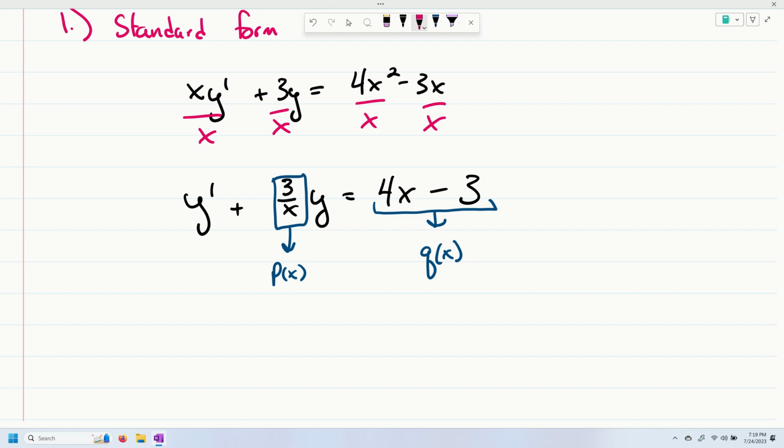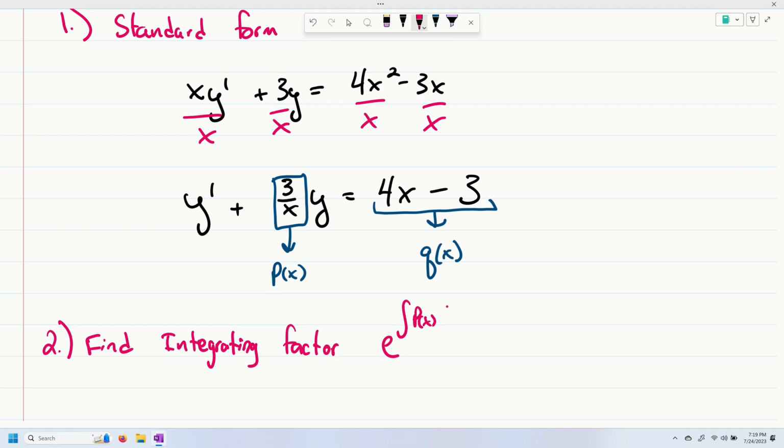Step 2. We want to find our integrating factor. Now remember, that's that unknown function that once we find it, we're going to multiply the entire differential equation by that.